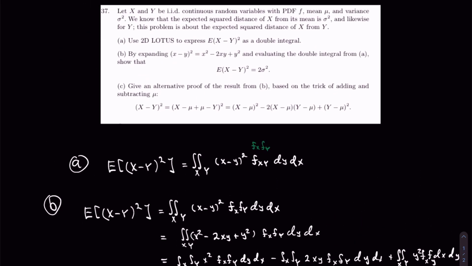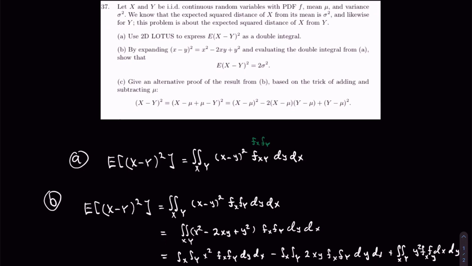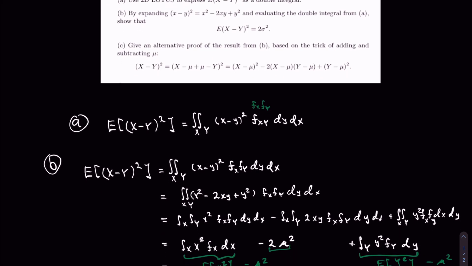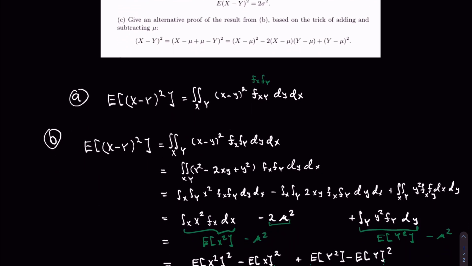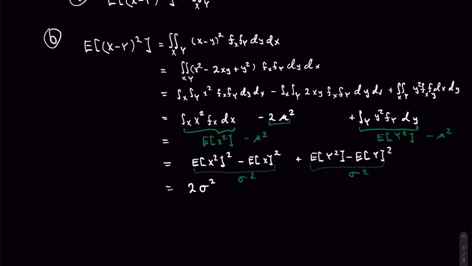Alright, that's good. Now, in the last part, we are asked to give an alternative proof of results from B. And here we're going to use a trick of adding and subtracting mu. And then just expand this whole thing. Alright, so let's just do that. See where that will take us.